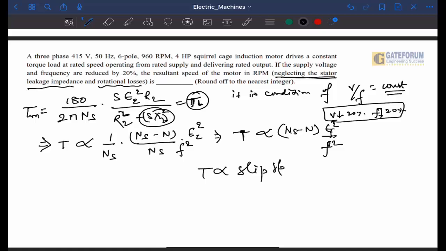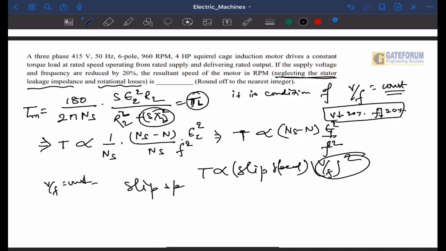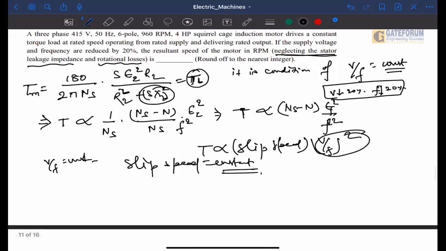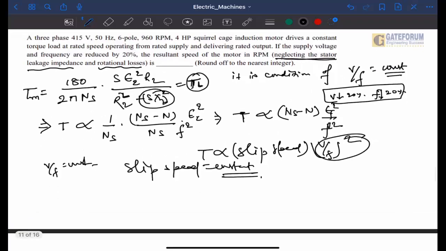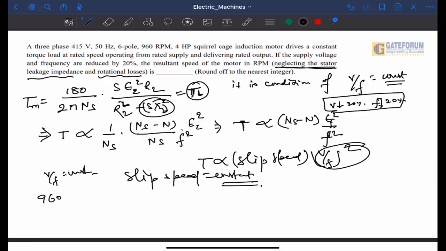So this is the slip speed and V by f. This is constant. Hence, in this problem, if V by f is constant, your slip speed will be constant. So slip speed is constant. Earlier it was 960 rpm, and ns was 120 f by p, 120 into 50 hertz divided by 6.